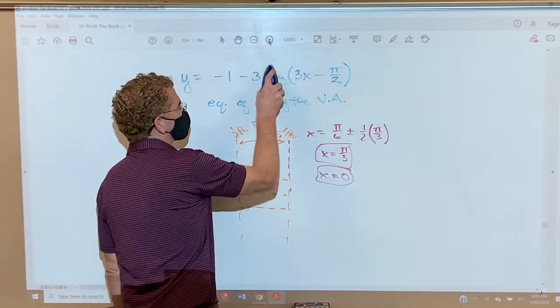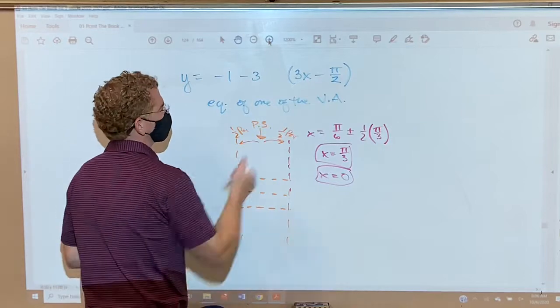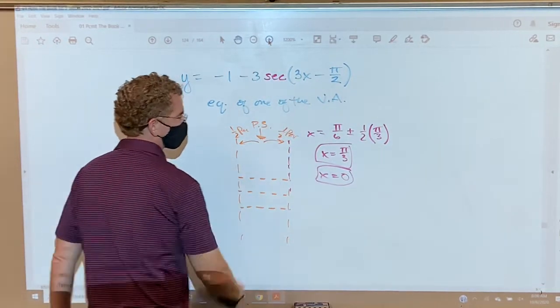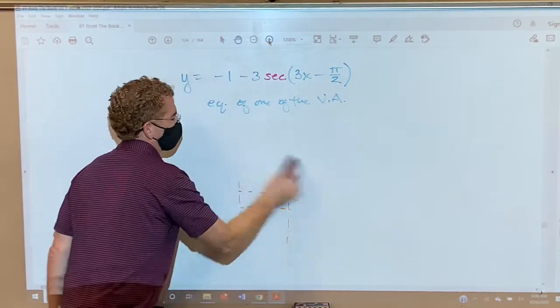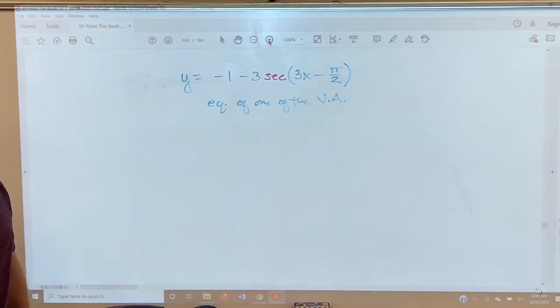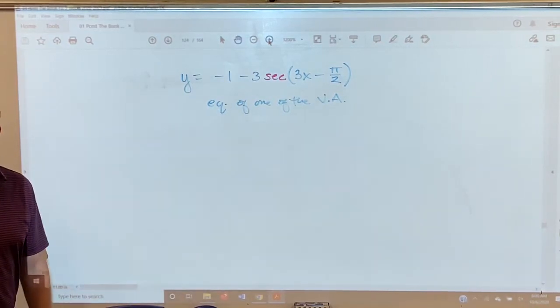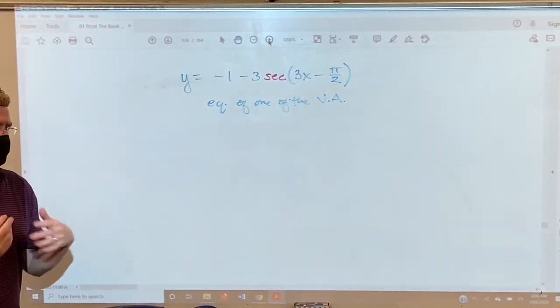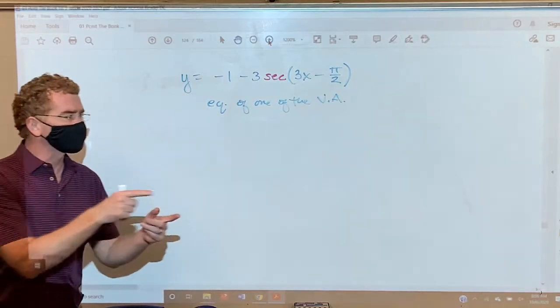What about this? Secant. How do you now find one of the equations of the vertical asymptotes? Well, how does secant look? You don't have to graph the whole thing, but you have to have a general idea, right? But what are you building it on?